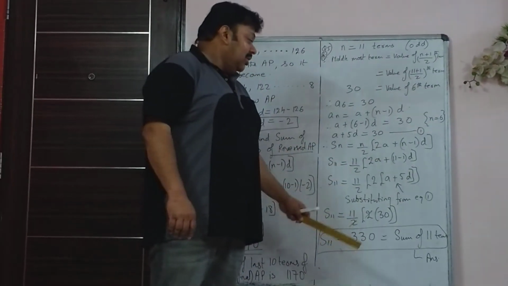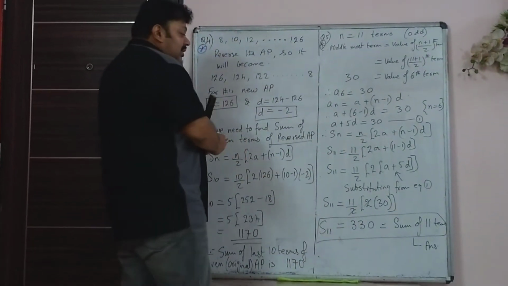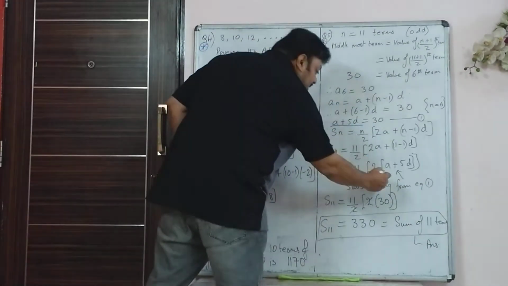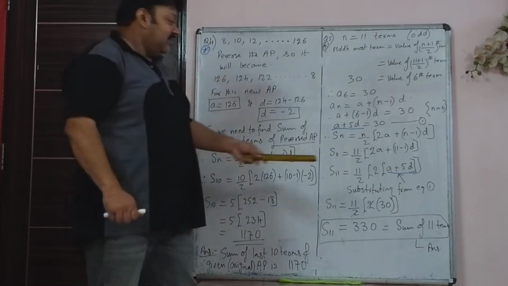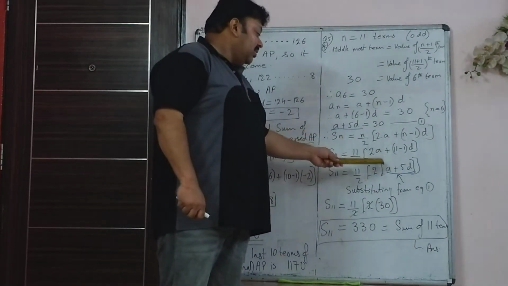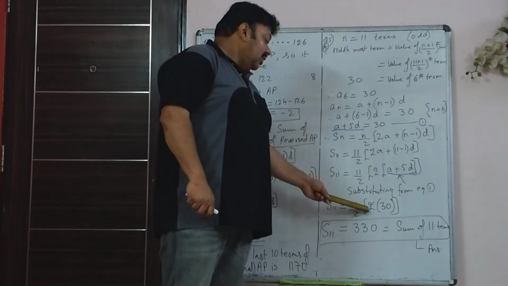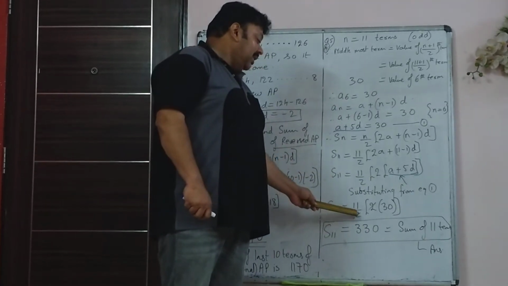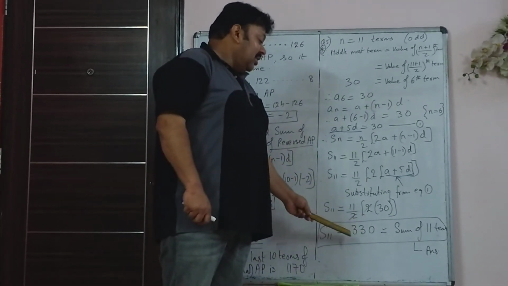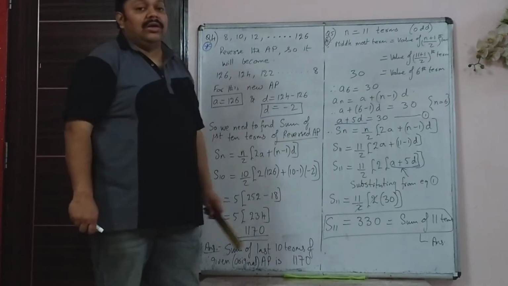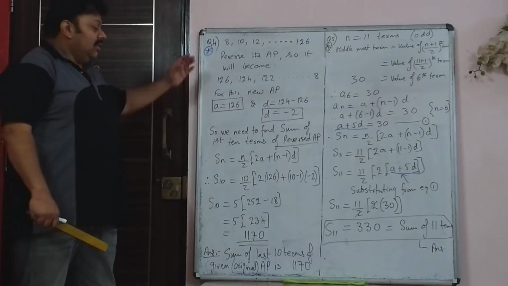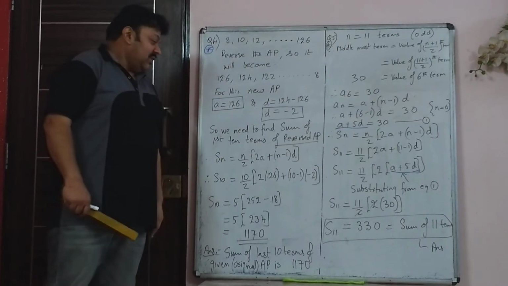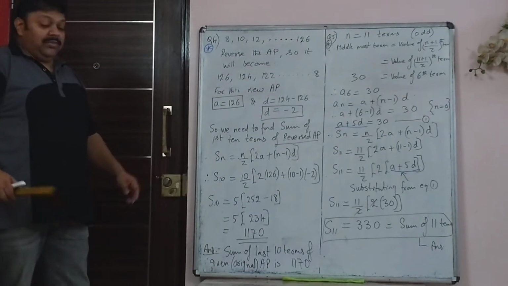This is a plus 5d, the same as before, so instead of a plus 5d, we substitute 30. So 2 times 30 into 11 by 2, the sum of the 11 terms would be 330. That's how you do the fifth sum. Mark both the fourth and the fifth sum, both of them are important.